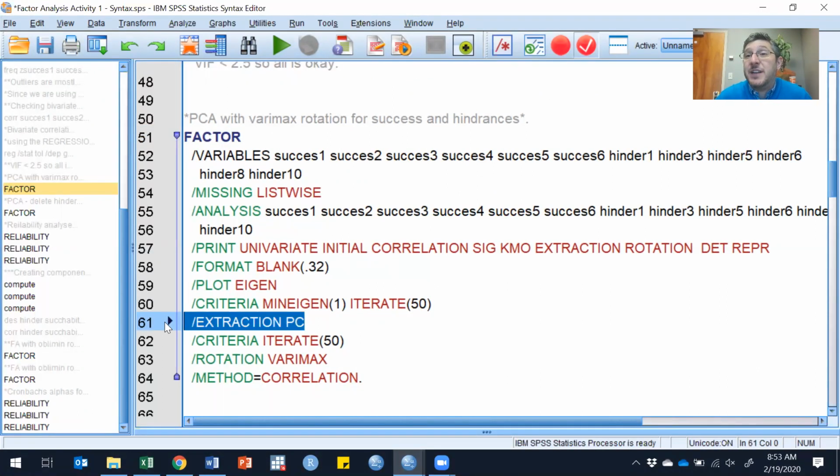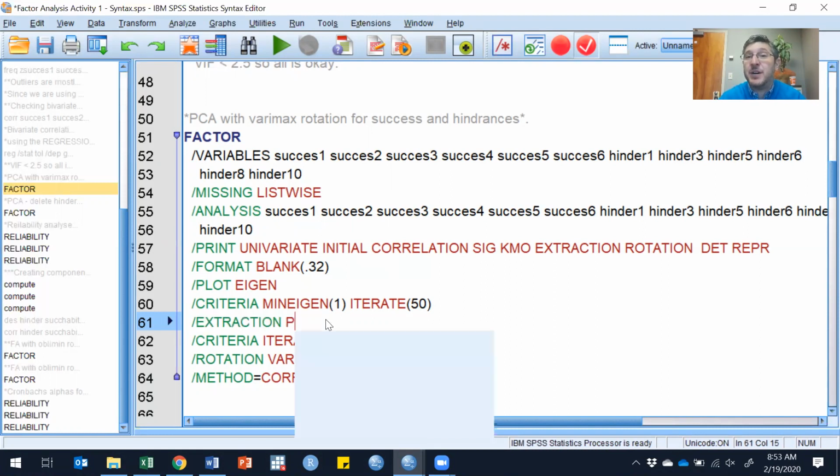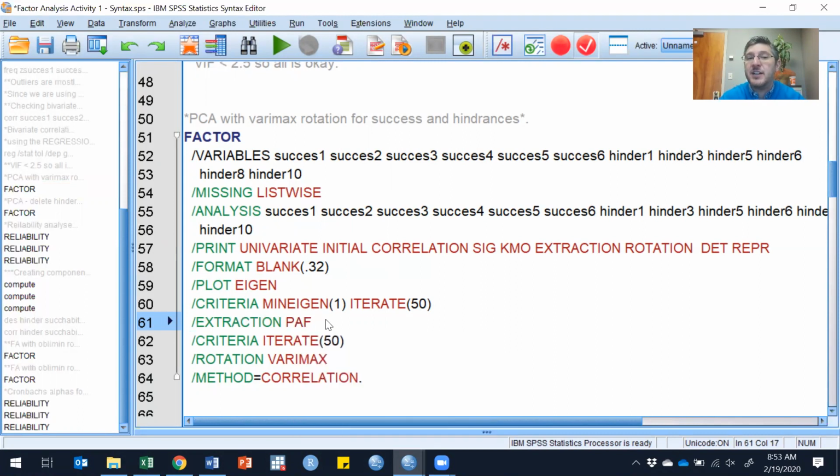So the rest of it, if you're going to run a principal component analysis, you tell it that your extraction method is PC, principal components. If you're going to run a factor analysis, you choose a different extraction method. Probably the most common is principal axis factoring. So you'd put PAF.